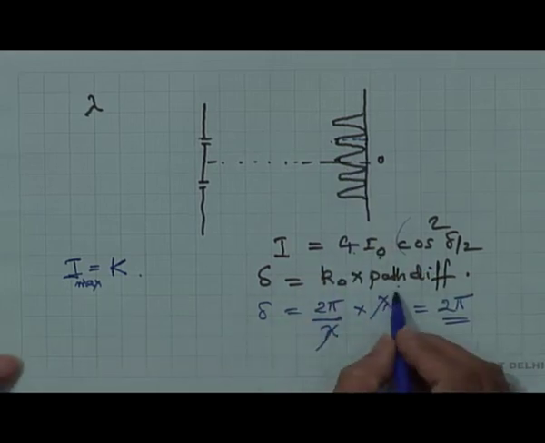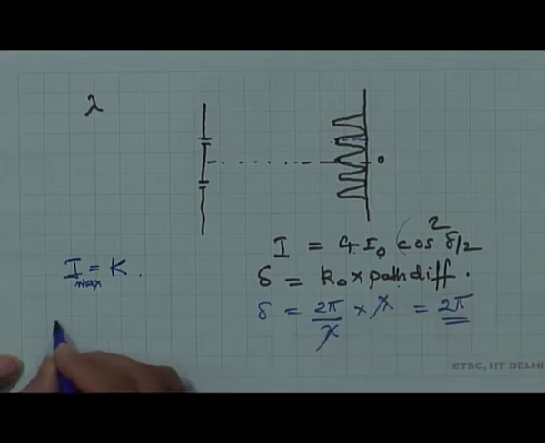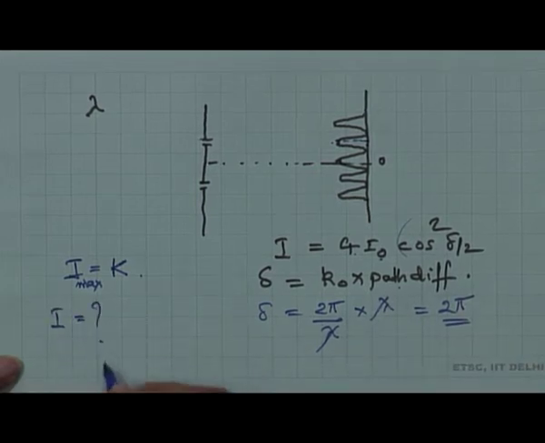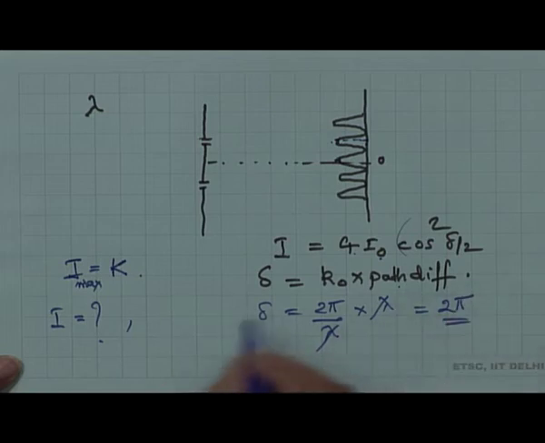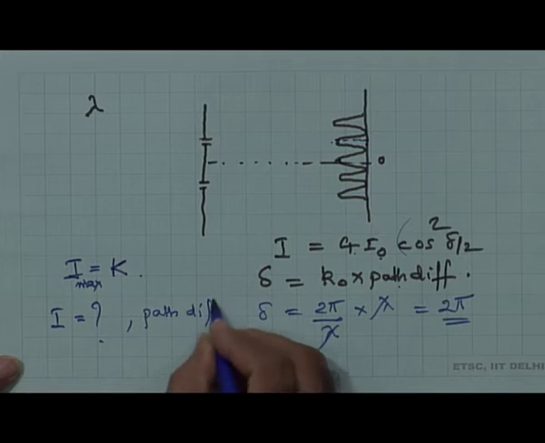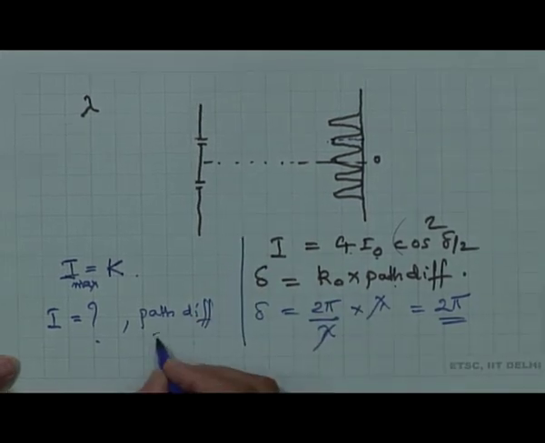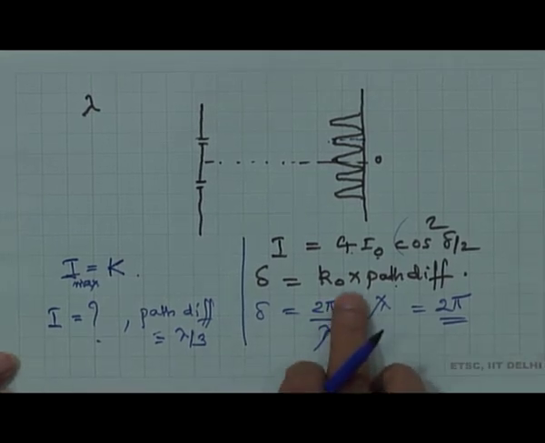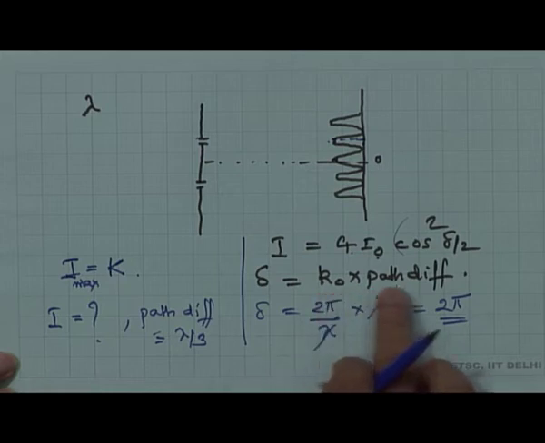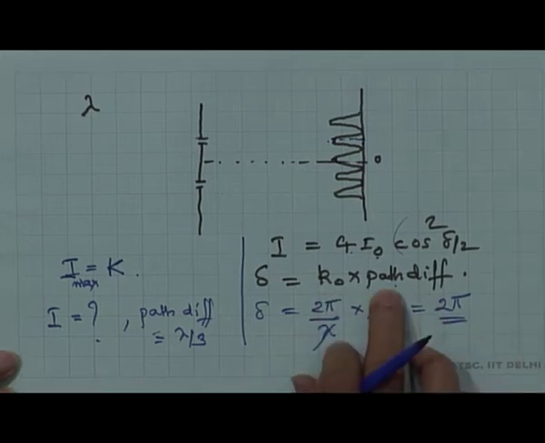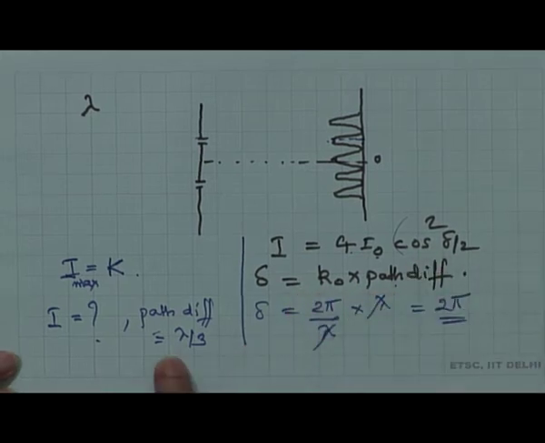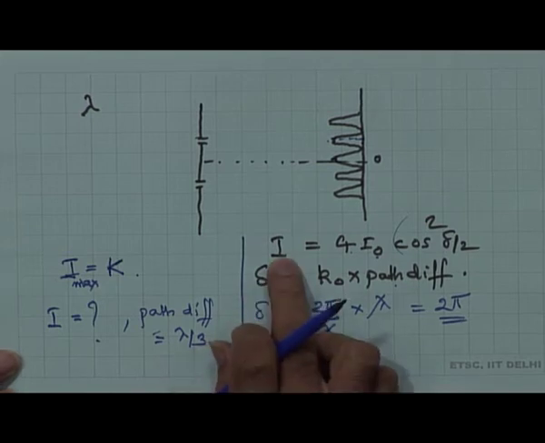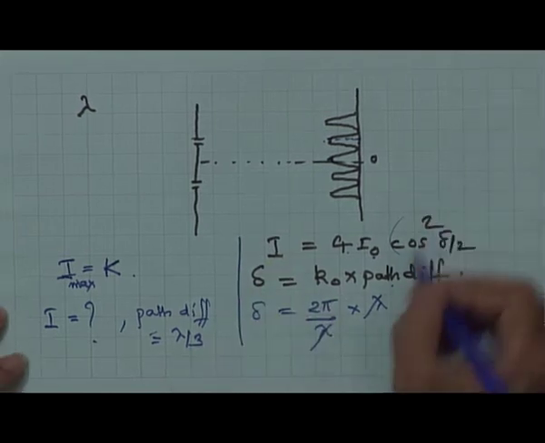So what is I when the path difference is equal to lambda by 3? We already have delta equal to k 0 into path difference; substitute lambda by 3 and determine the intensity.